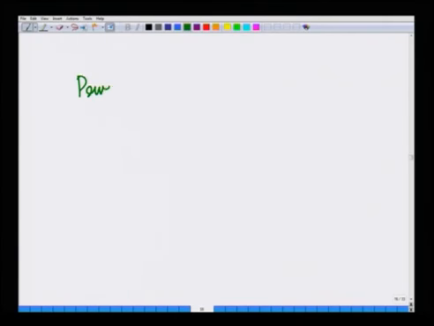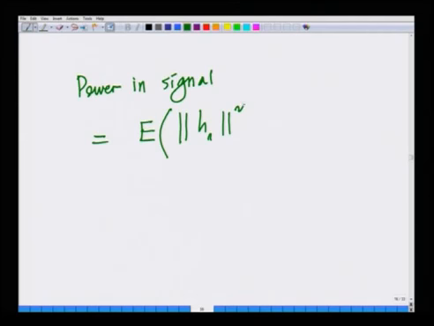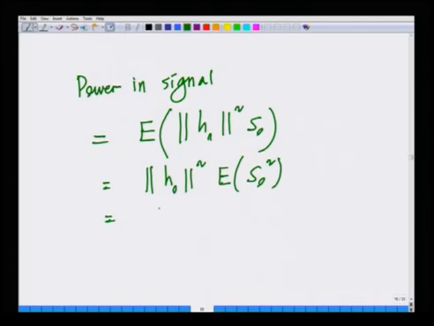the power in the signal, which is the expected value of magnitude h 0 times s of 0 squared, that is what we have already seen before. This is norm h 0 square times expected s 0 square, that is norm h 0 square times p of 0, the power times the power in the channel.